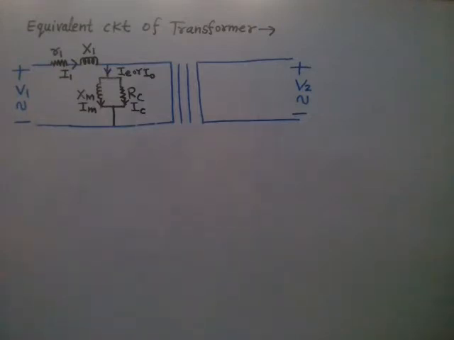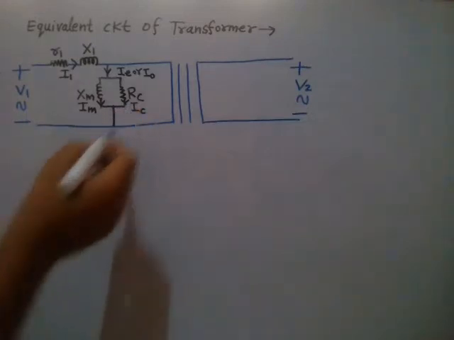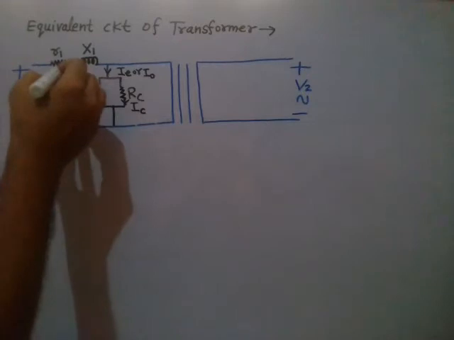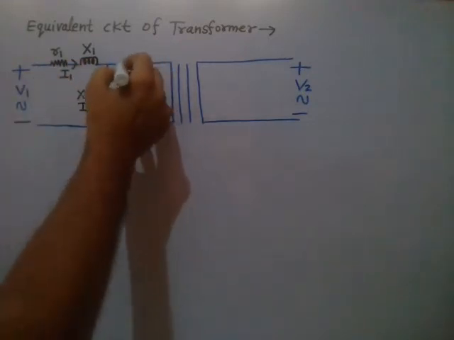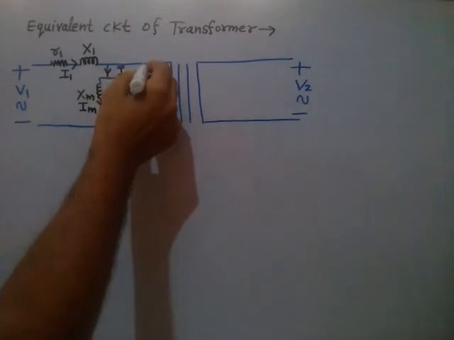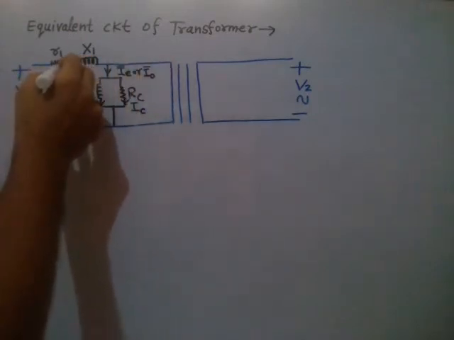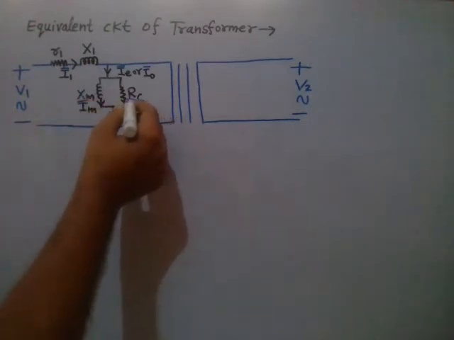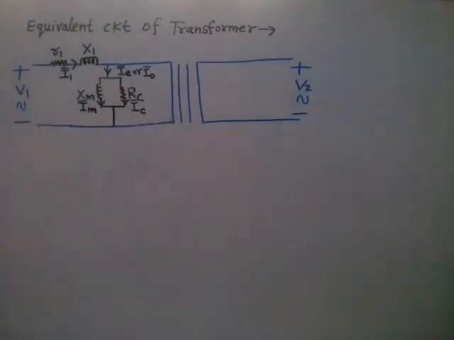Please do watch that video because it cannot work on DC. Transformer always works on AC only. So to represent AC, let me give a phasor notation, that is IE phasor, I0 phasor, I1 phasor, IM phasor, IC phasor.